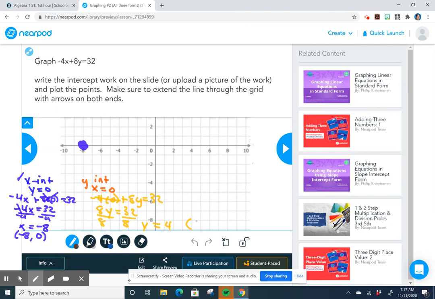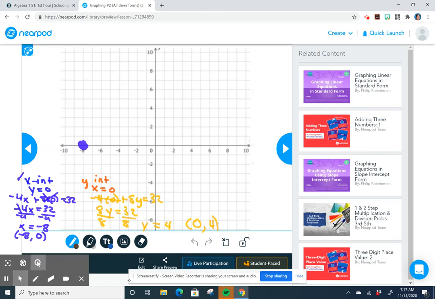Now be careful here. X is 0, y is 4. You cannot switch the two. So after you do that, then you are allowed to plot 0, 4. And then do your best to draw as straight of a line through those 2 points as possible. Extend the line all the way through.